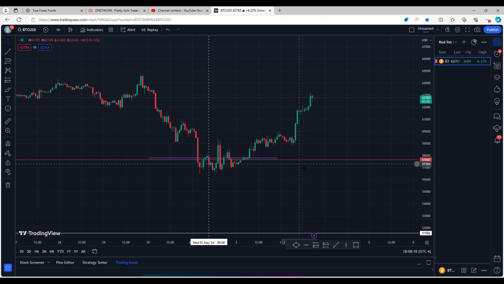I want a trade to trigger once price gets here, okay? You would basically input that into your trading account. By the time price gets into that area, it's going to trigger the trade. You set your stop loss and your TP, and happy trading, okay?